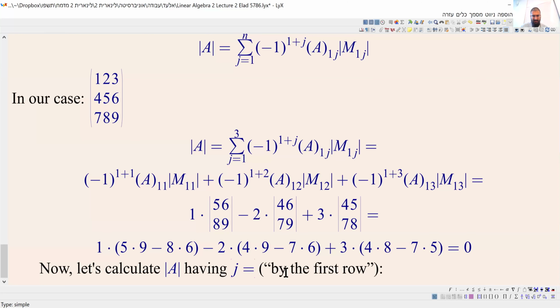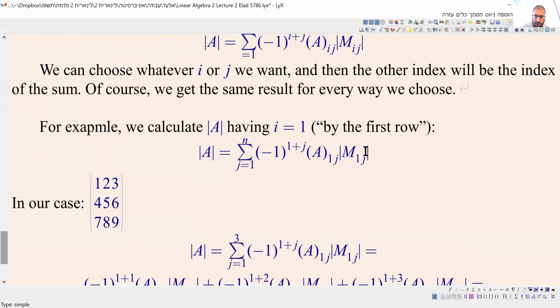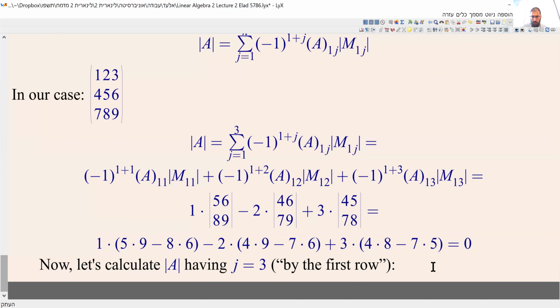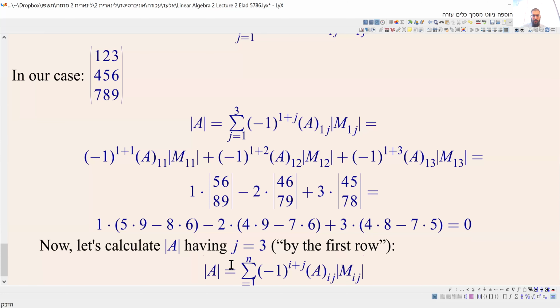I mean, if the matrix is 3-on-3, I can't choose J is 4, right? But every number between 1 and 3 is good. So this is the general way I wrote down the formula. But now I say, okay, let's plug in J is 3.